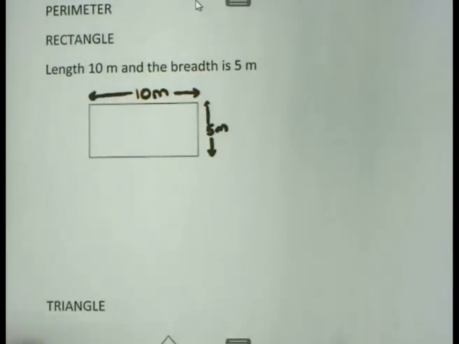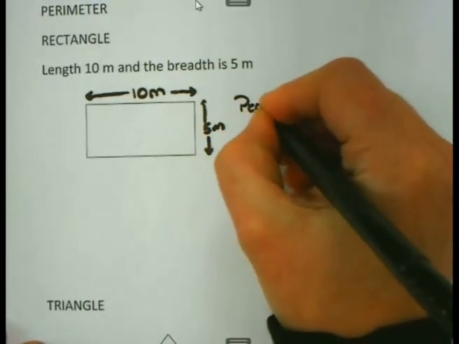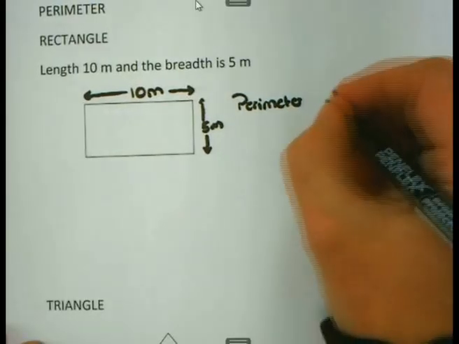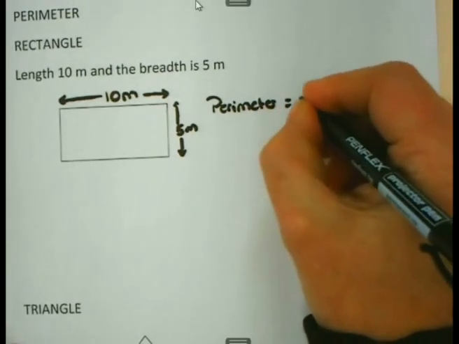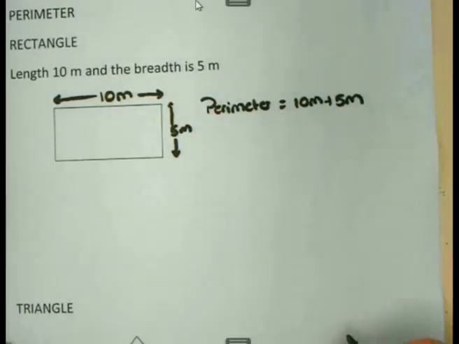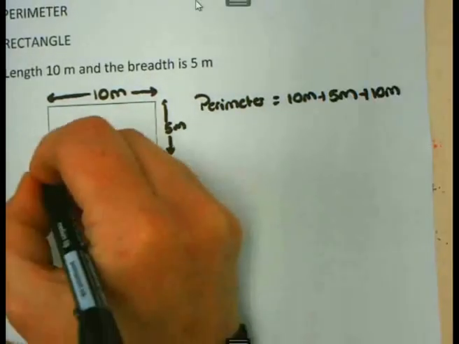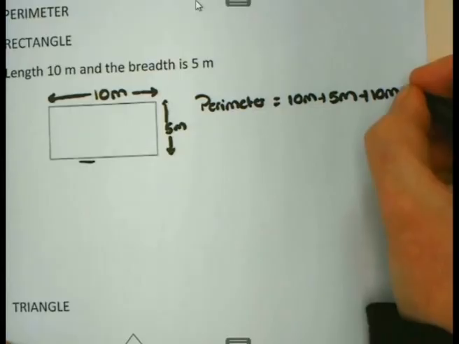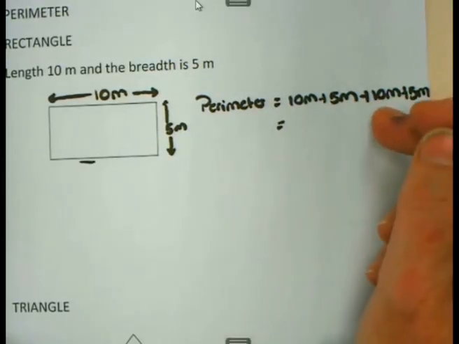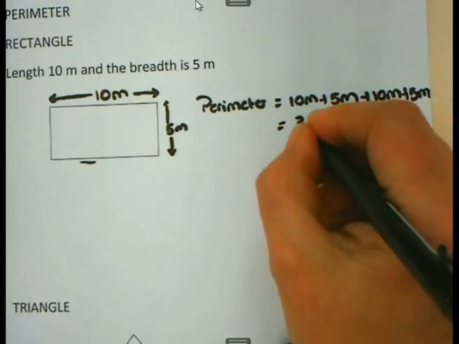So when I'm going to calculate the perimeter, I must add all these different lengths. In other words, 10 meter plus 5 meter plus this 10 meter again plus the 5 meter that you see here, which will give me 10 plus 5 is 15 plus 10 is 25 plus 5 is 30 meter.